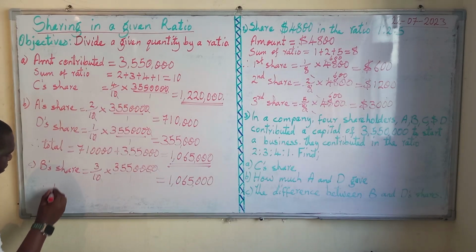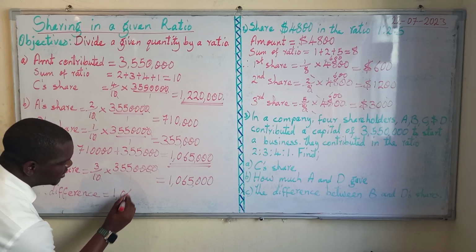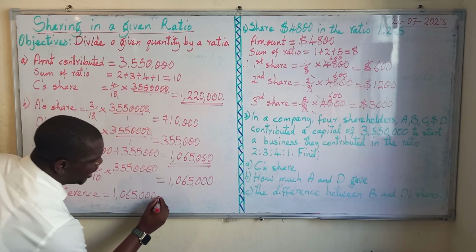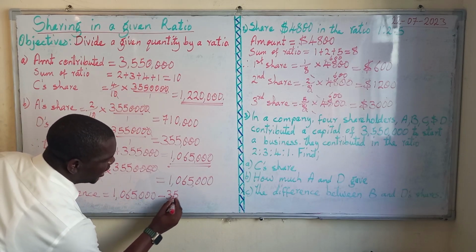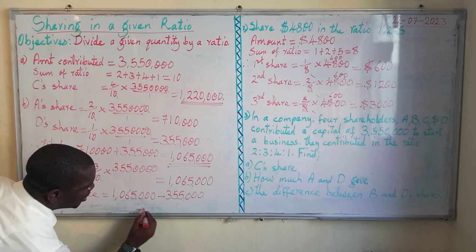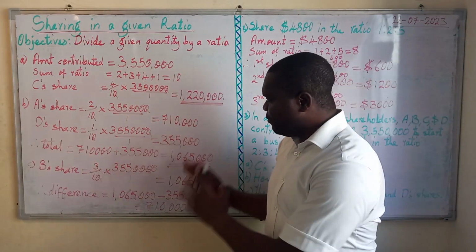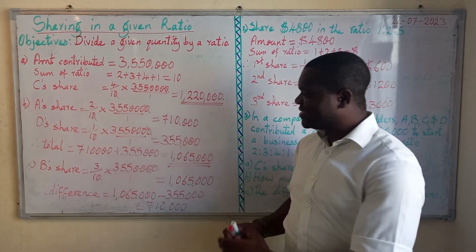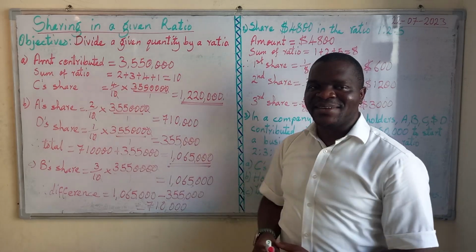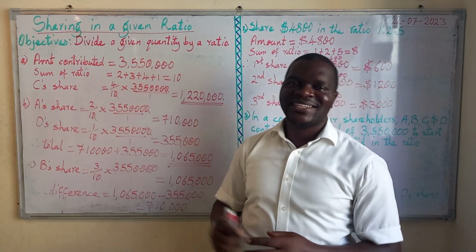Therefore, the difference will be equal to 1,065,000 minus 355,000. And if you do this well, this is going to give us a total of 710,000. If you picked up all this and you followed the step by step up to this point, it means our objectives have been attained.